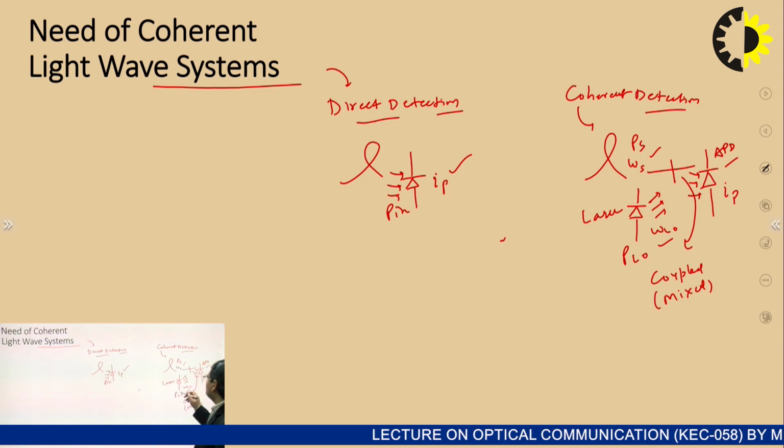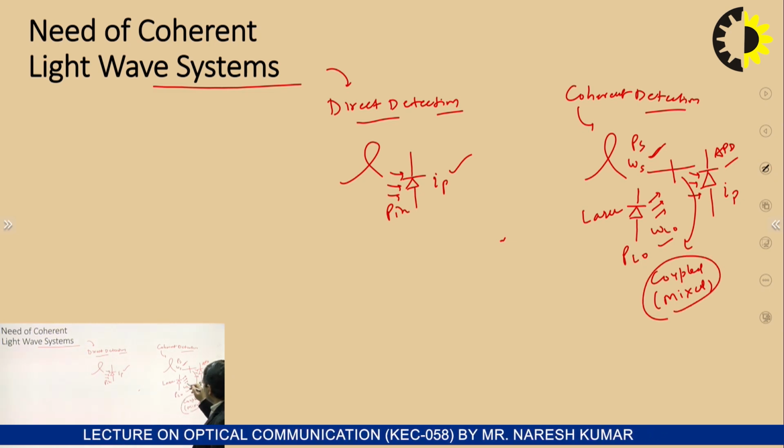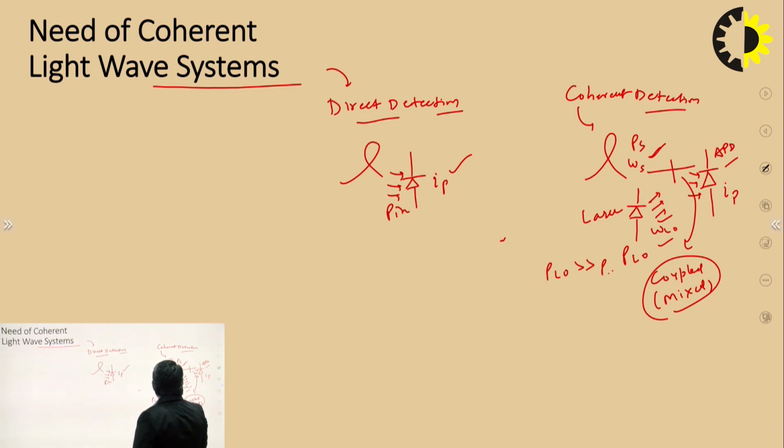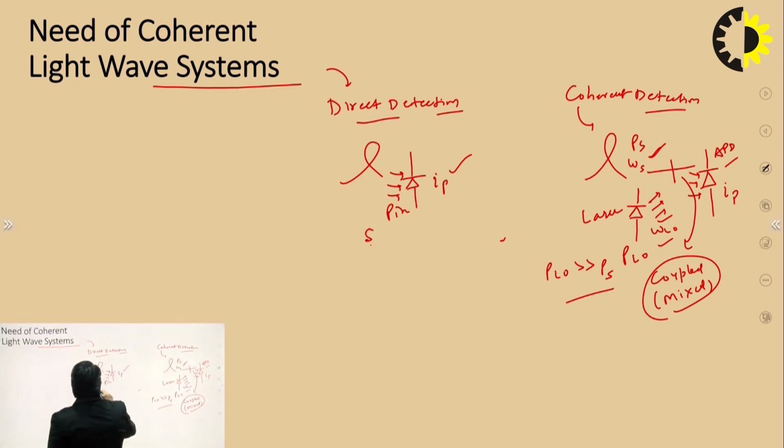In this case, the signal received from the fiber is non-linearly mixed or coupled with the signal of the local oscillator, and then it is combinedly incident over the photodiode or photodetector. And to ensure the improved sensitivity, we will ensure that the power of the local oscillator is much greater than the power of the source.